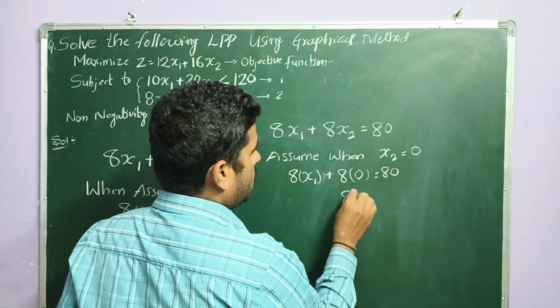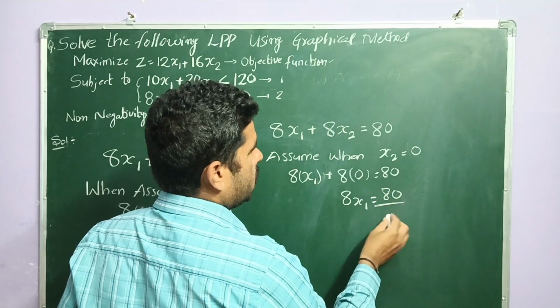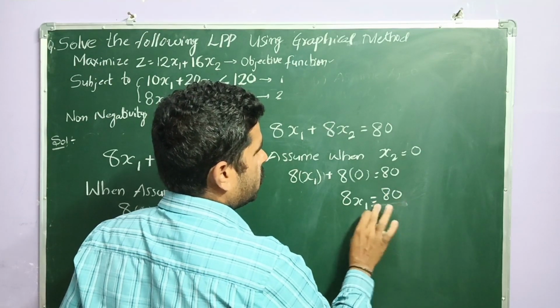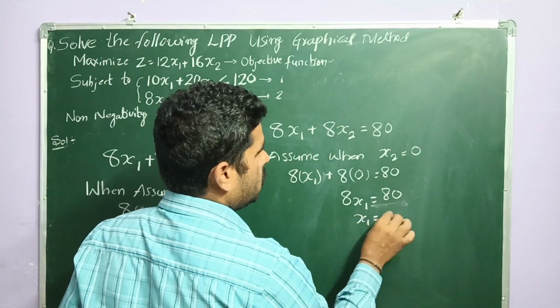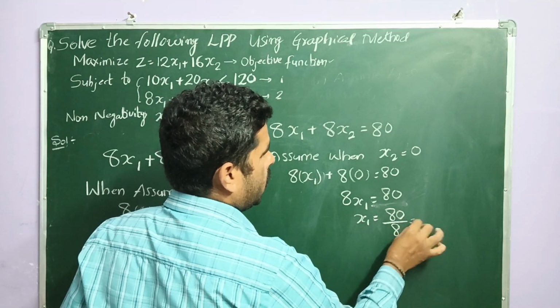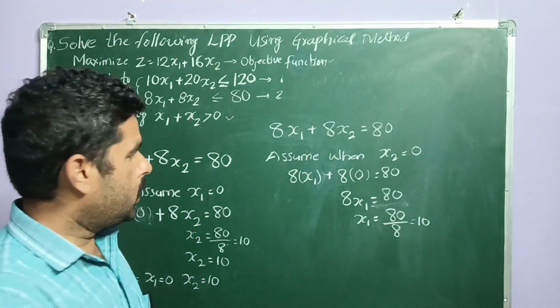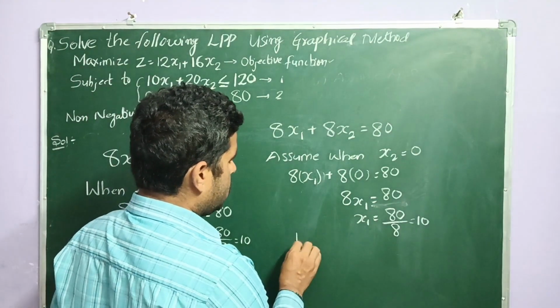That is 8 into x1 is equal to 80, so x1 is equal to 80 by 8. Again we got 10. 8 tens are 80. Again we'll write the points.